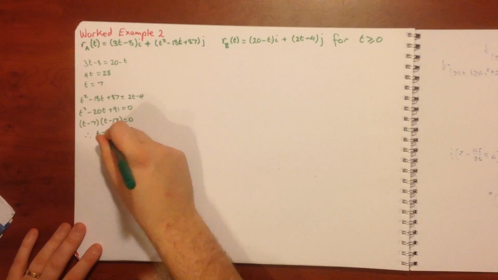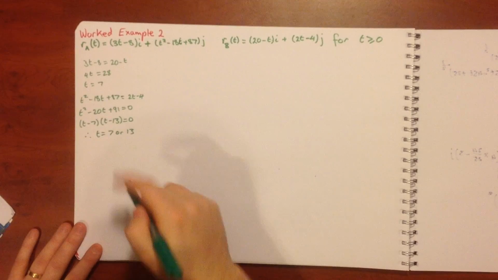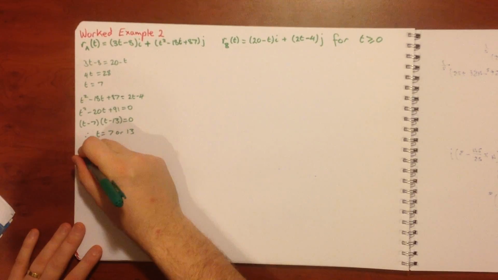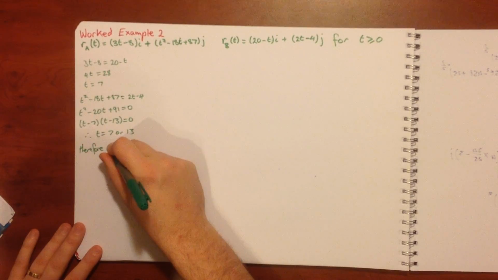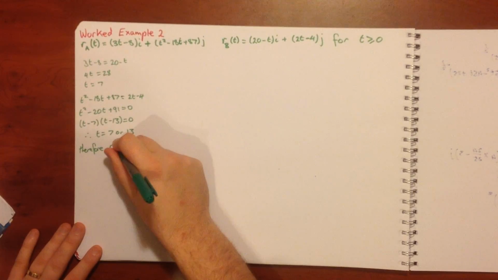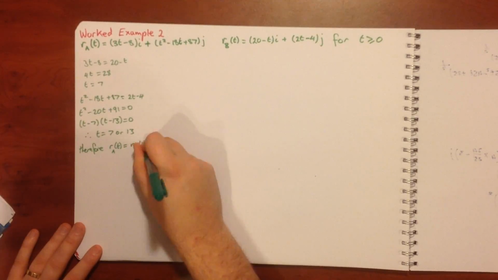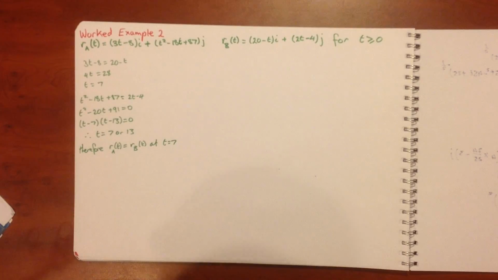Therefore, t equals 7 or 13. So we have a common solution of t equals 7. So after 7 seconds they will collide.